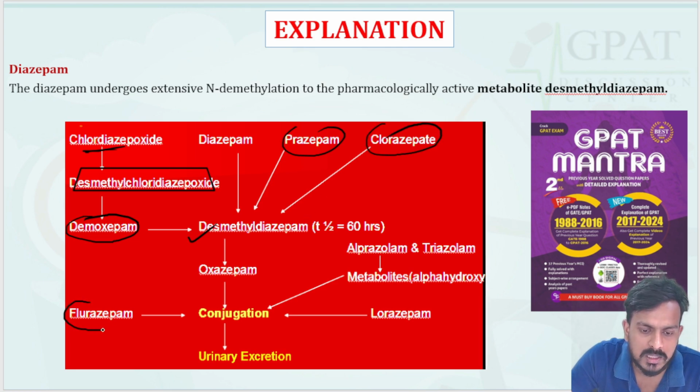But flurazepam directly undergoes conjugation followed by urinary excretion. These other drugs are converted to desmethyl diazepam, which is an active metabolite with a longer half-life.